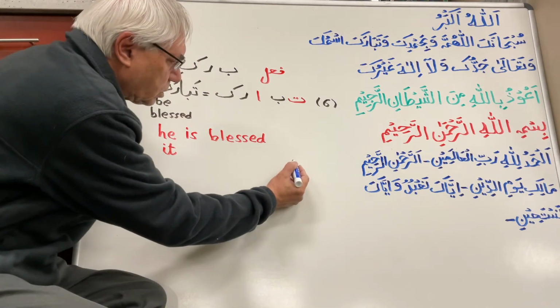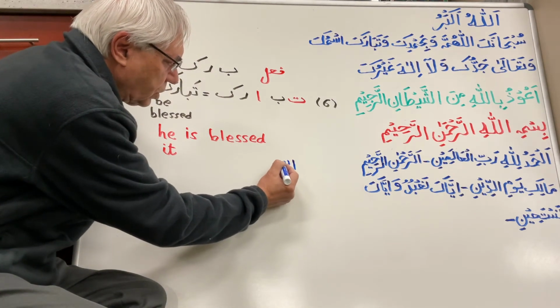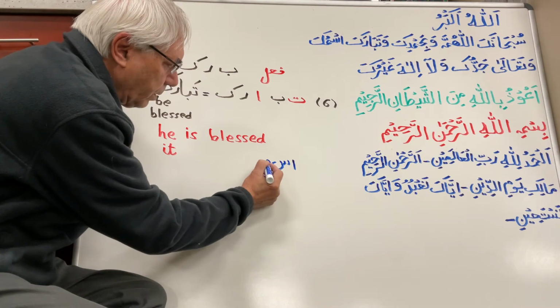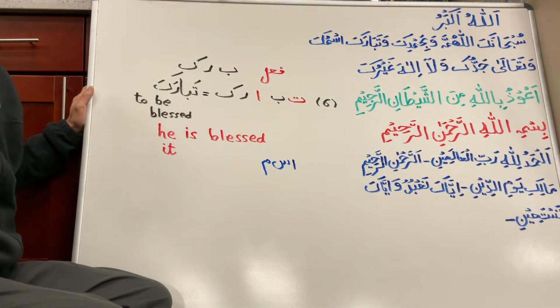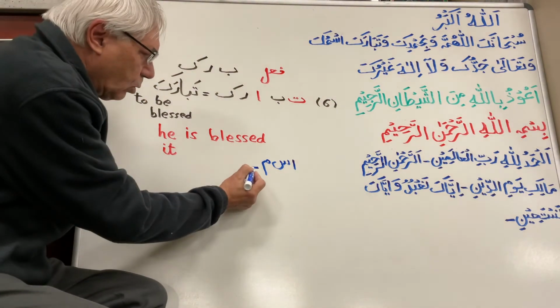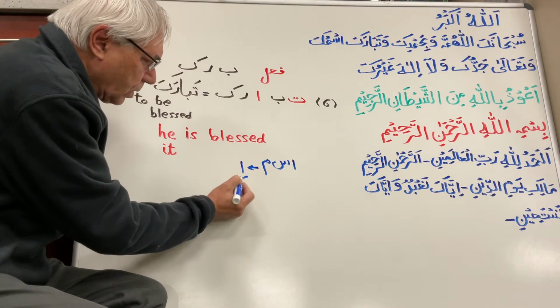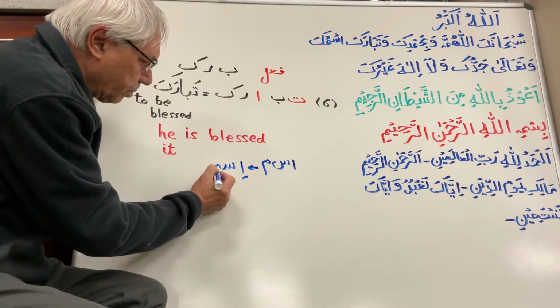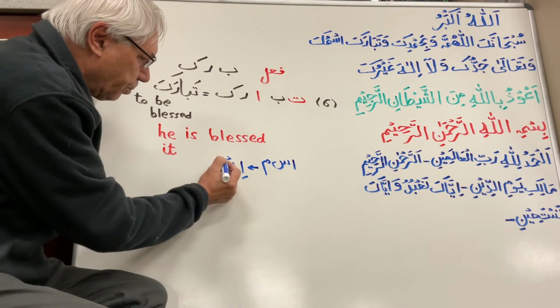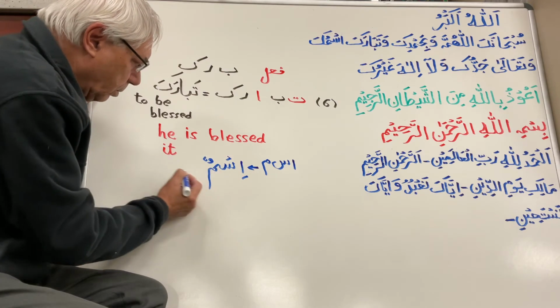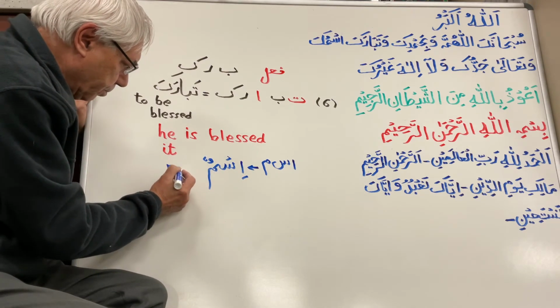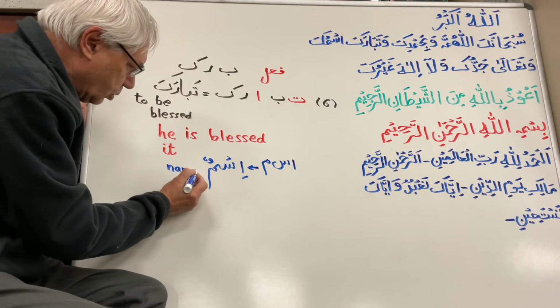Next word starts with these three letters, Alif, Sin, and Mim. It means to name someone. And the noun is Ismun. Ismun means name. We use this all the time. Ismun means name. Okay? Now first thing, do that.